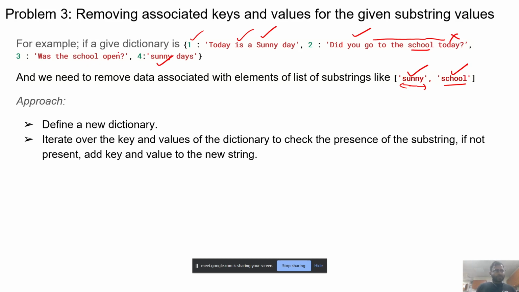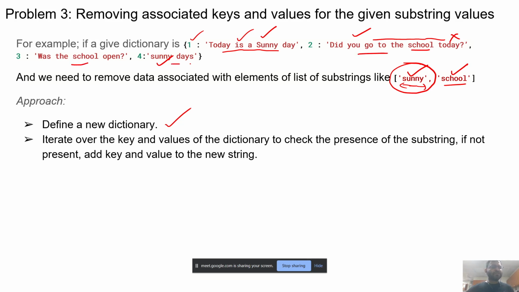As we are going to do operations on a dictionary in an iterative manner, we need to define a new dictionary first, and then we will check whether this particular element is available in this element of the dictionary, or this element, or this element.